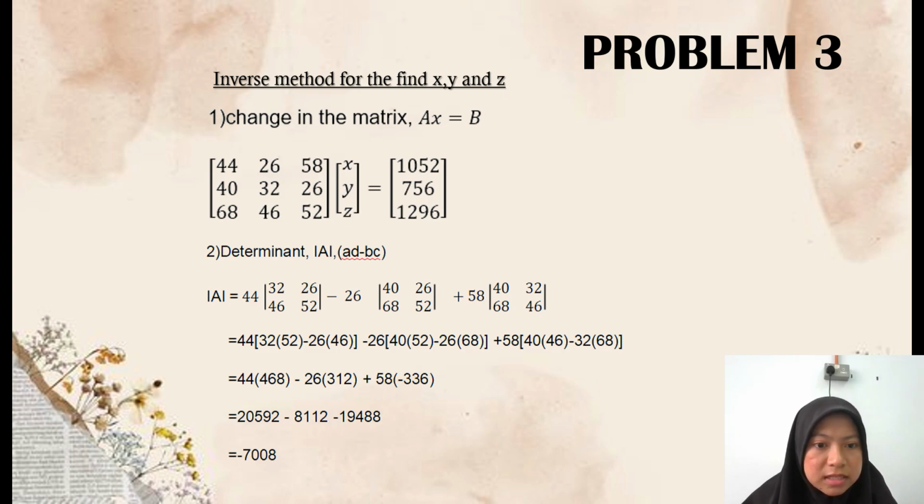Second step is to find the determinant. Taking first row and first column, which is 44, and it will be plus, minus, plus. Then close the first row and first column and we will get this matrix.